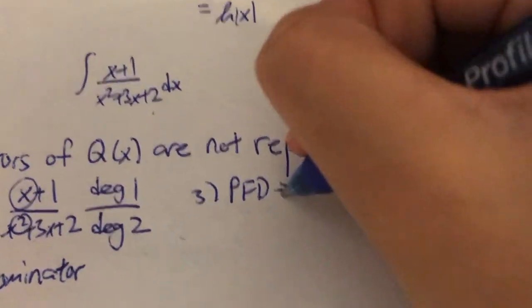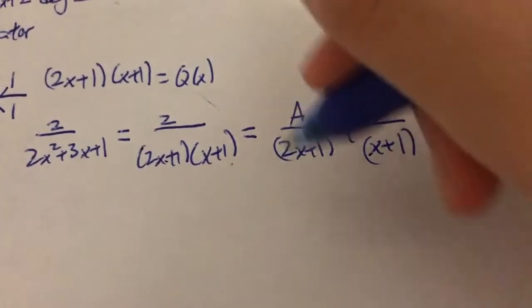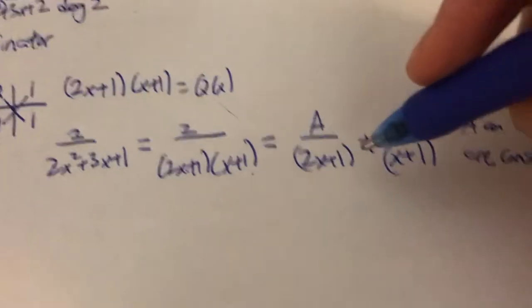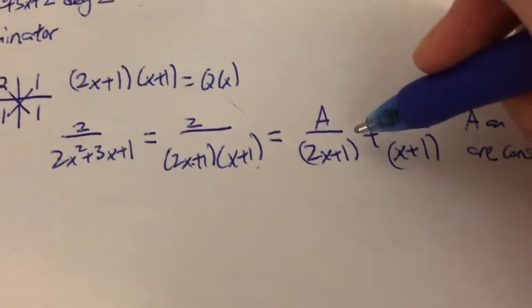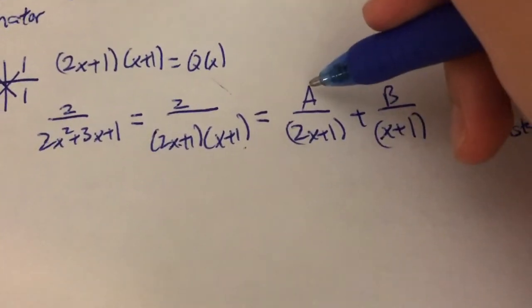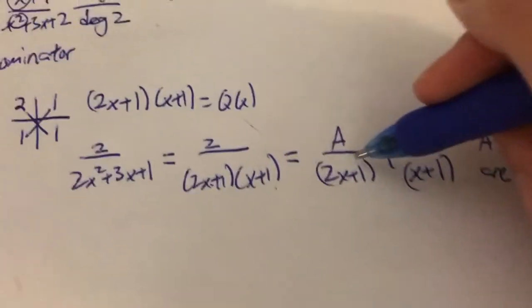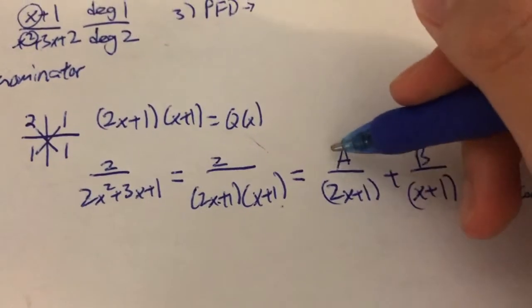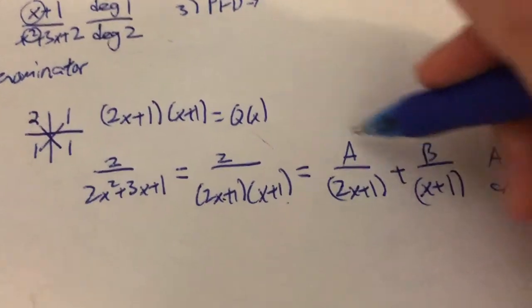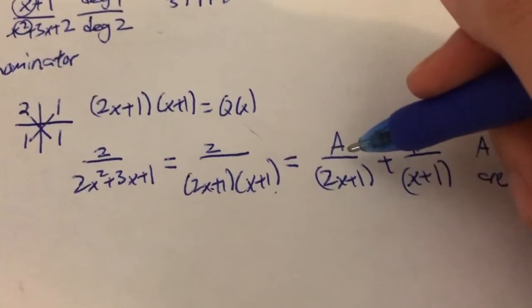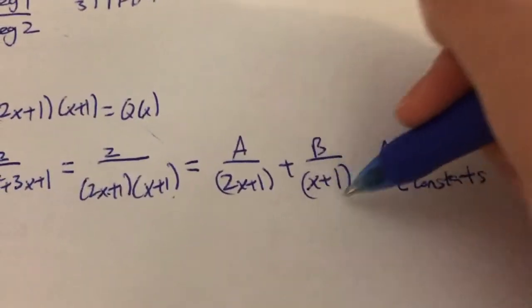Now when you do the PFD, the next thing after you do it like this, okay, now I'm going to tell you the reasoning. So the fact that f is proper means that the numerator degree must always be less than the denominator's degree. The denominator's degree is 1. So the numerator's degree must be 0, okay? In which case it's just a random constant, because a constant has a degree of 0. Same over here.